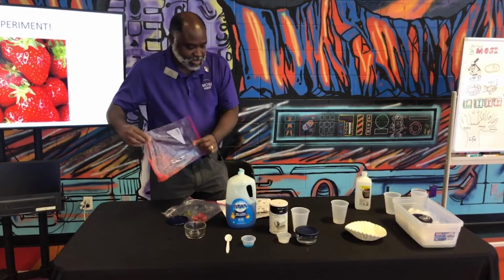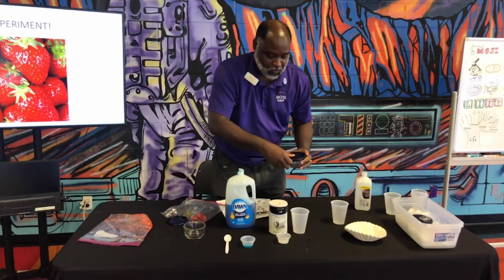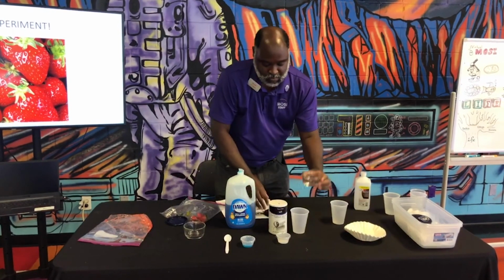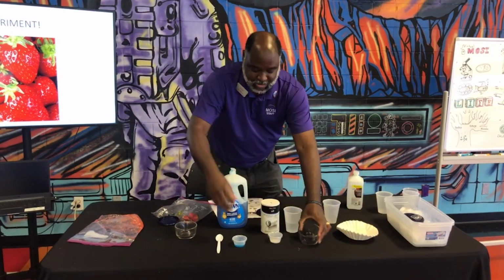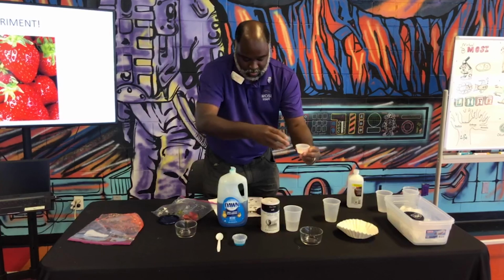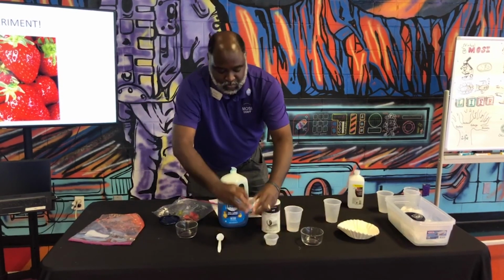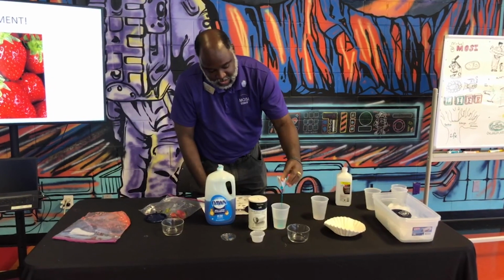And then the next step we want to take is, this is a half a cup of water. This is going to help us to extract the DNA. Teaspoon of salt. And 2 teaspoons of dish soap.